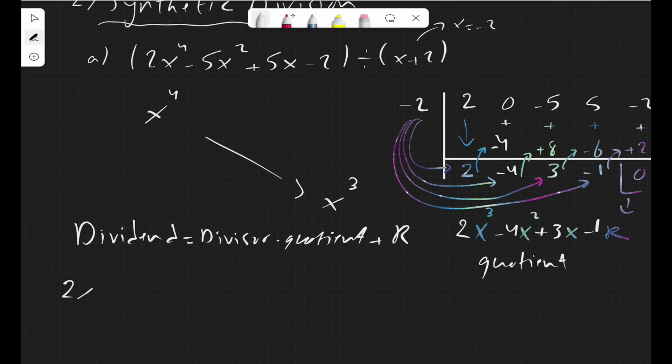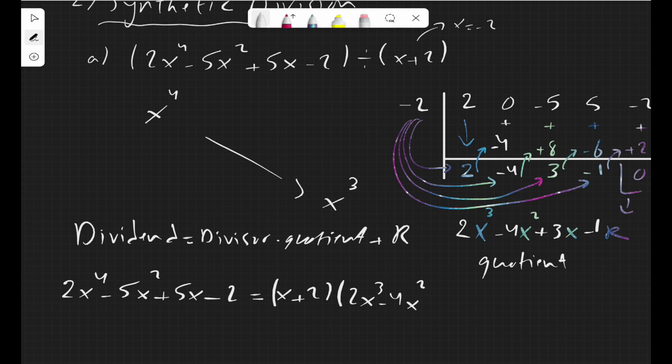So our question, 2x^4 minus 5x^2 plus 5x minus 2 is equal to, its divisor is x plus 2, multiplied by the quotient 2x^3 minus 4x^2 plus 3x minus 1, plus the remainder, which is 0 or no need.